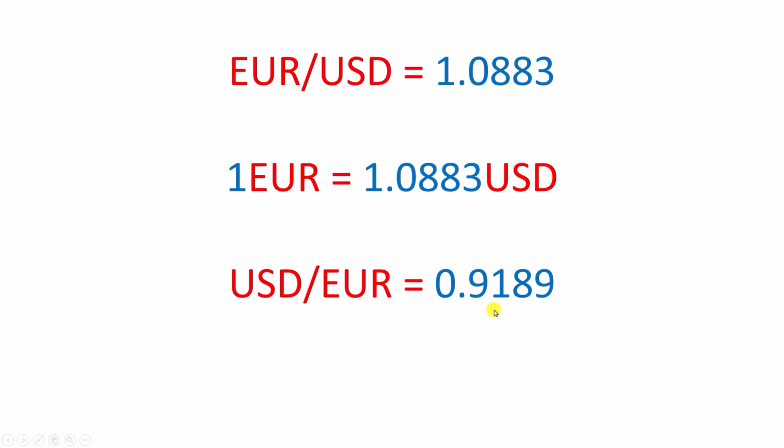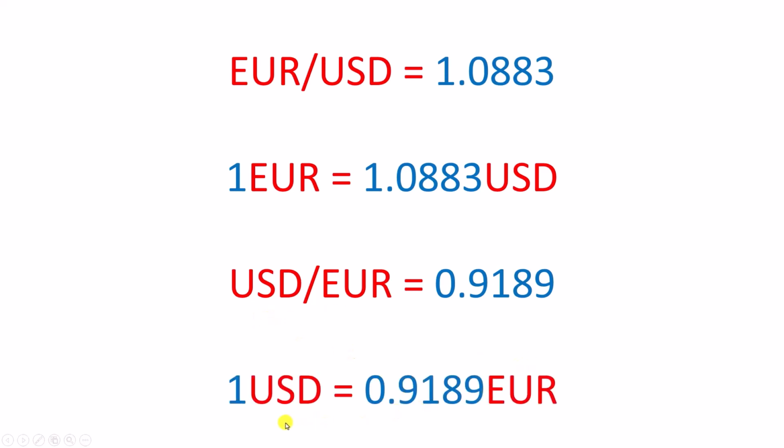This is how many units of quote currency are required to buy 1 unit of base currency. Or in simple words, you can think of it like this: 0.9189 euros are required to buy 1 US dollar. This is the exchange rate of this. Okay, I hope you get the point.